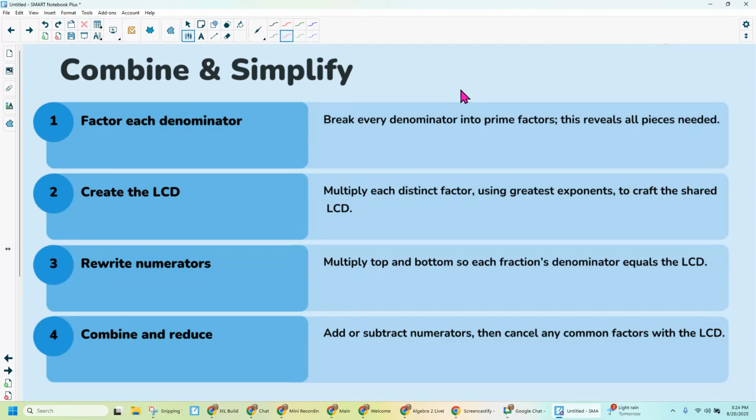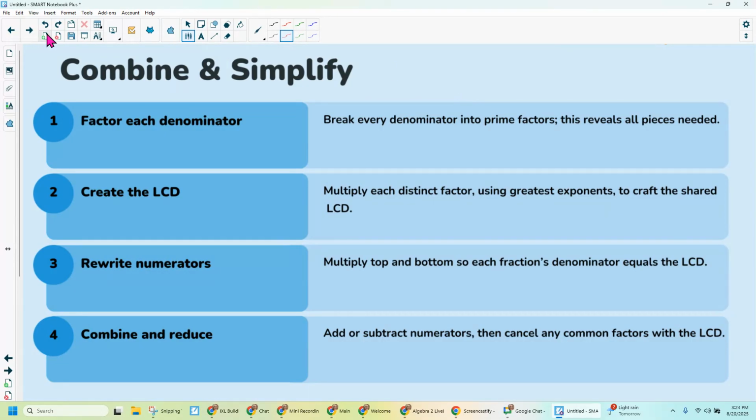Rewrite the numerators, so multiply the top and the bottom, so each fraction's denominator equals the least common denominator. And then combine by adding or subtracting the numerators, and then cancel out any common factors with the least common denominator.